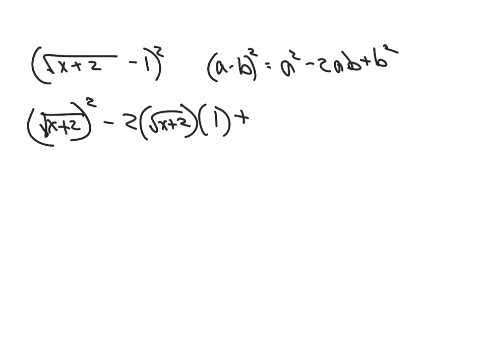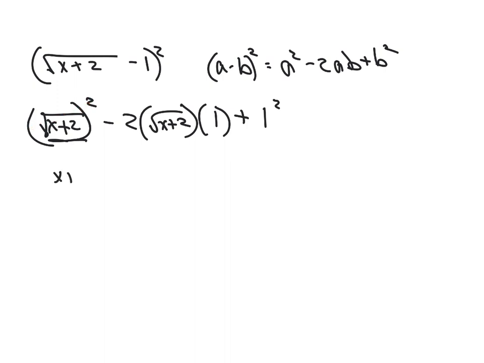the second term squared. Now, one of the things, remember, you do not have to look at this negative sign. It's already accounted for here. So you just look at the first term and the second term, ignore the negative sign. So see, I've got a 1 there without a negative, and I have a 1 there without a negative. So we're doing good that way. So x plus 2, the quantity squared, remember, we can take off the radical sign.